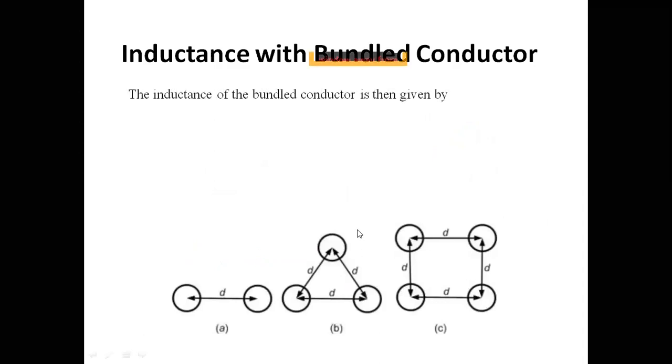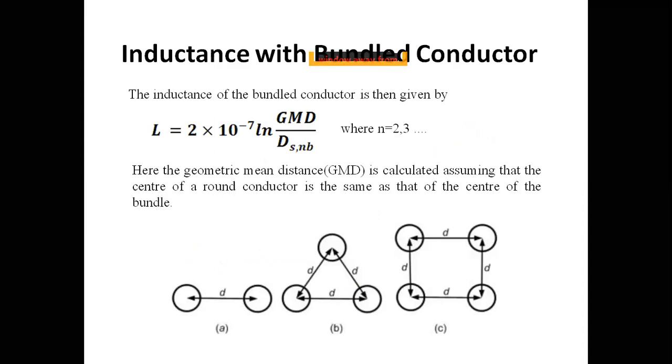Next, the inductance of the bundle conductor is given by L = 2 × 10^-7 ln (GMD / Ds^nb), where n is the number of conductors in the bundle. Here, the geometrical mean distance GMD is calculated assuming that the center of the round conductor is the same as the center of the bundle.